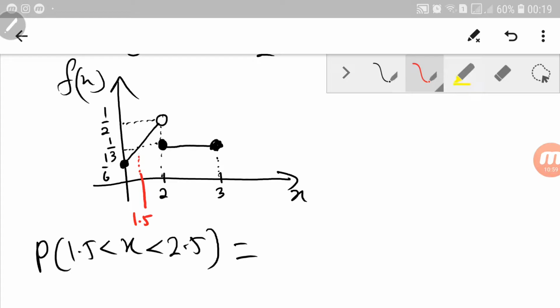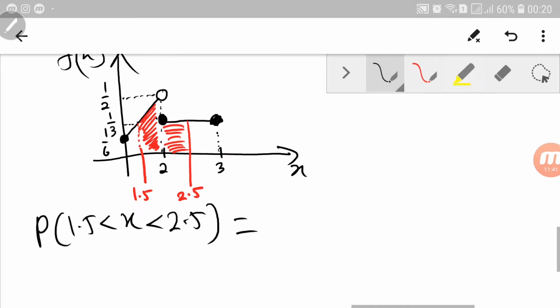So we want the area, we want the probability, from 1.5 until 2.5. As you can see here, there are two equations involved. The shaded area that I shaded just now involves two different functions.